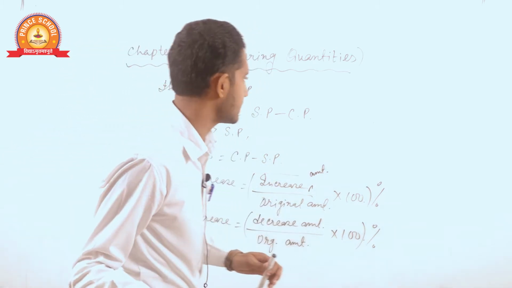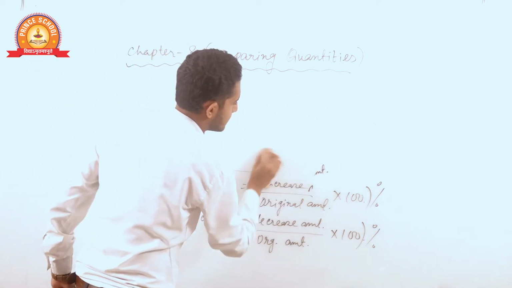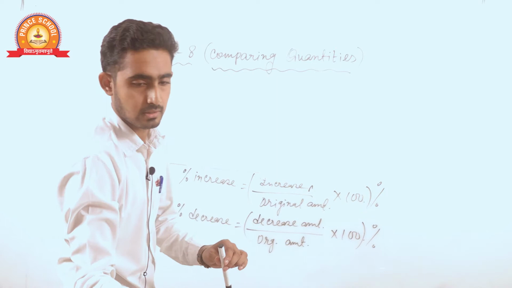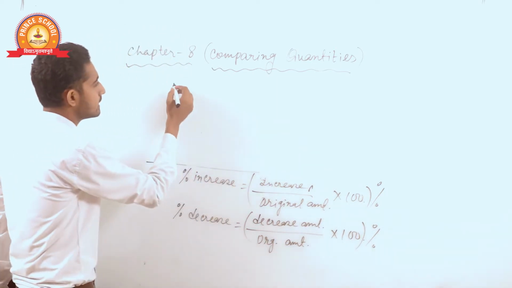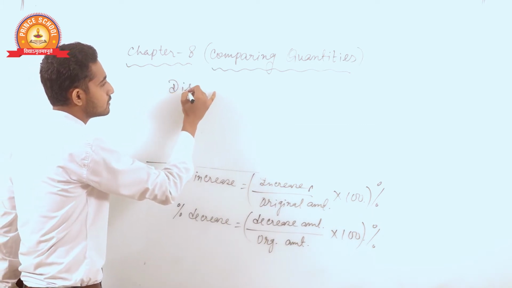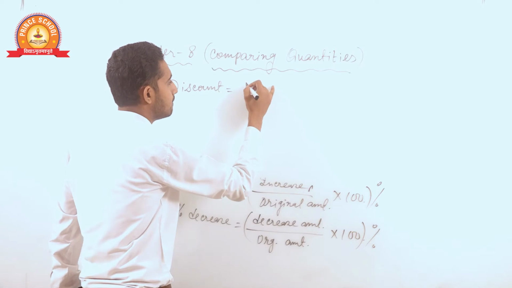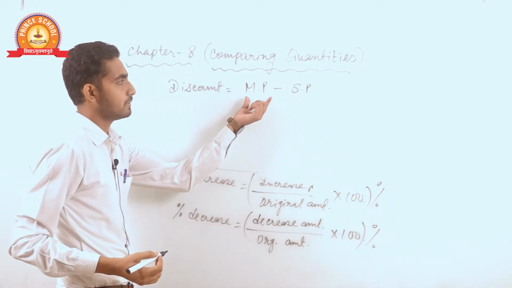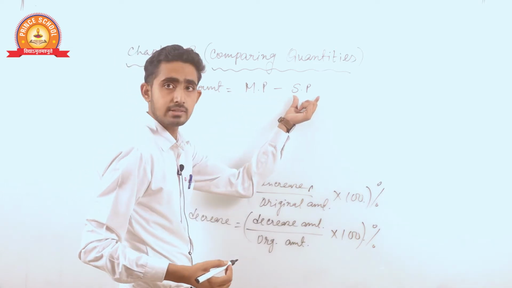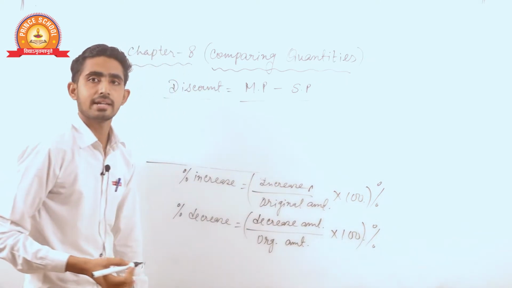Now comes another formula, that is your MP. MP means mark price. So, when discount is given, then discount is equal to MP minus SP. That means MP means mark price and SP means selling price. So, discount is equal to mark price minus selling price.